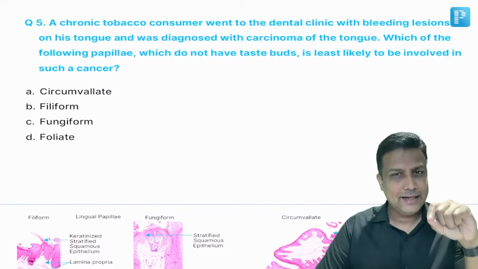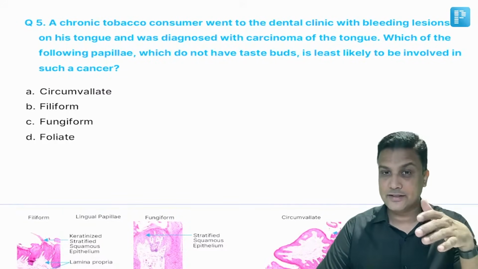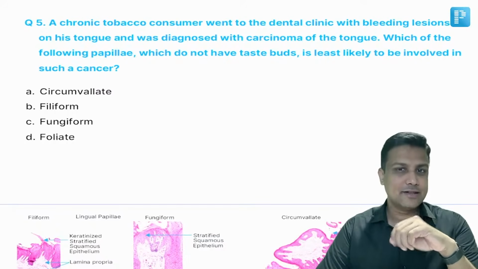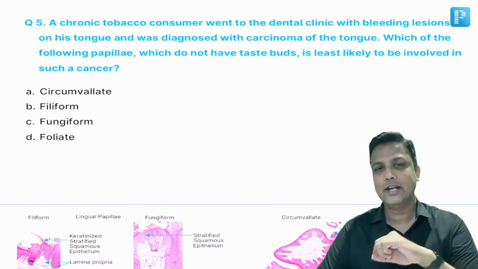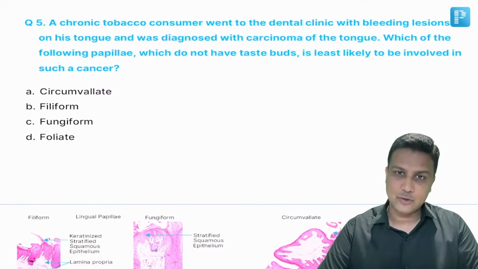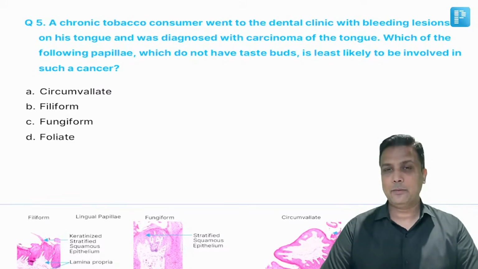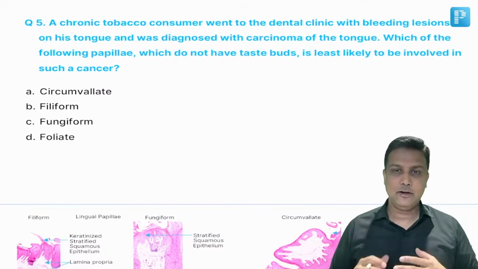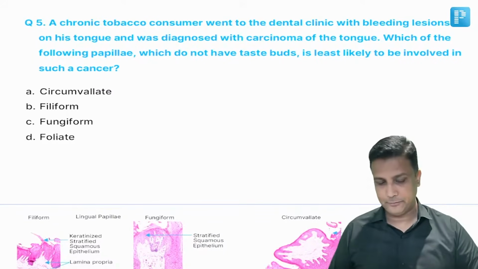It is 1 inch in thickness, 3 inches in width, 5 inches in length, and 7 ounces in weight. I'm not telling grams, I'm telling 7 ounces in weight, and it extends from the 9th to the 11th rib. But remember, the downward displacement of the spleen in splenomegaly is prevented by the phrenicocolic ligament.